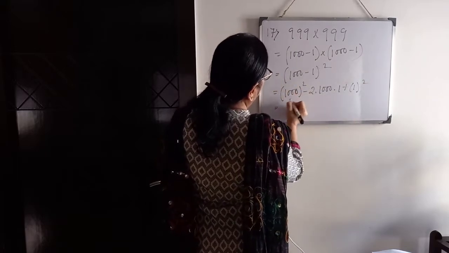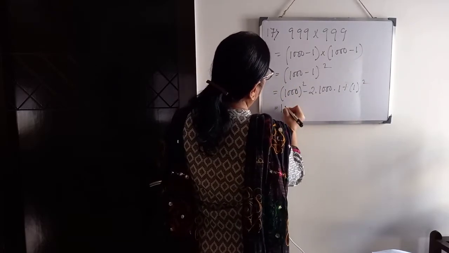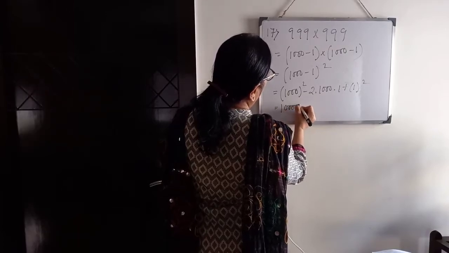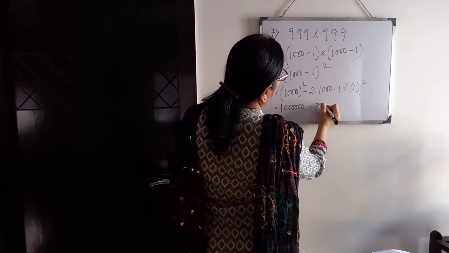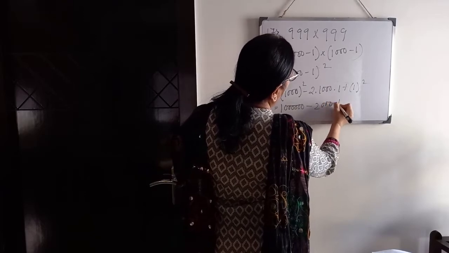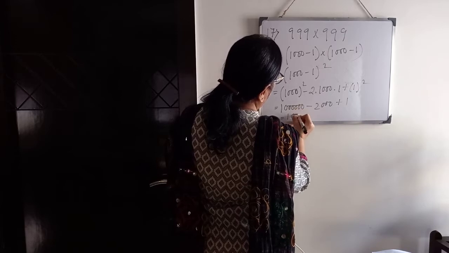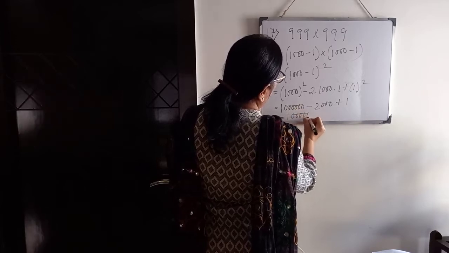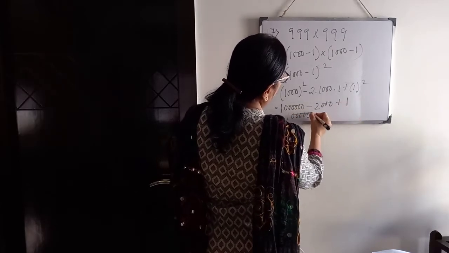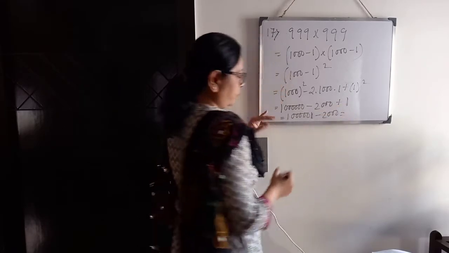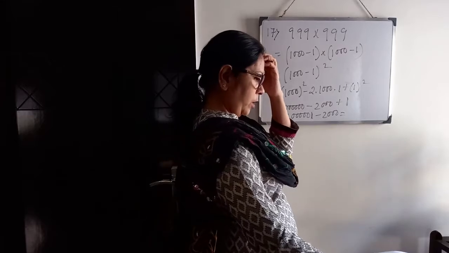Now there are 3 zeros square, so it will become 6 zeros. 1, 2, 3, 4, 5, 6 minus 2000 plus 1. So if you subtract, then what you get?